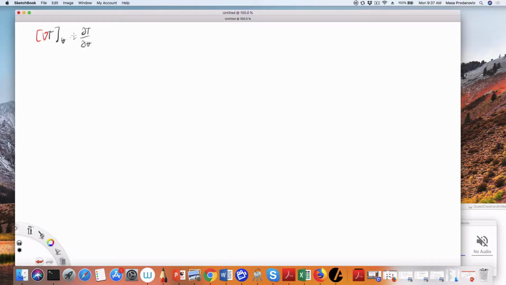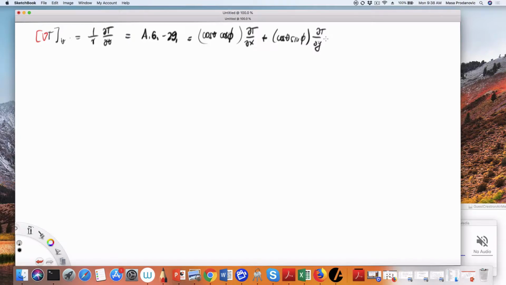No, actually 1 over r. And that tells me that this is cosine theta cosine phi dt dx plus cosine theta sine phi dt dy plus, or rather minus, sine theta dt dz.